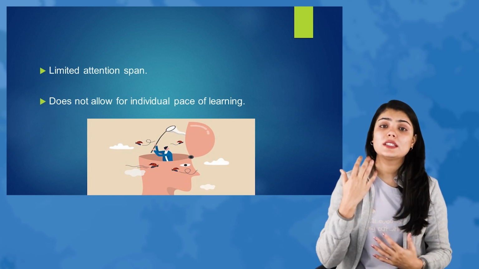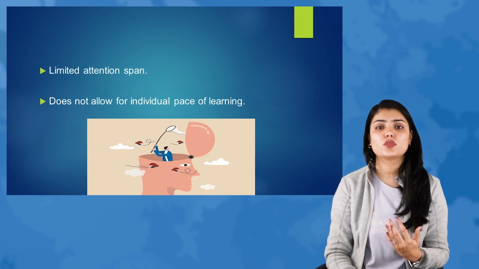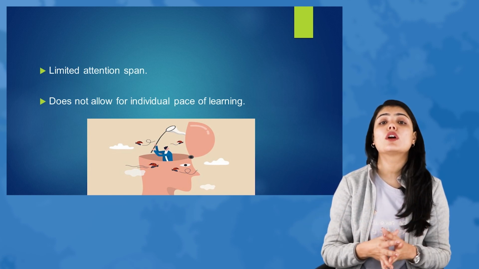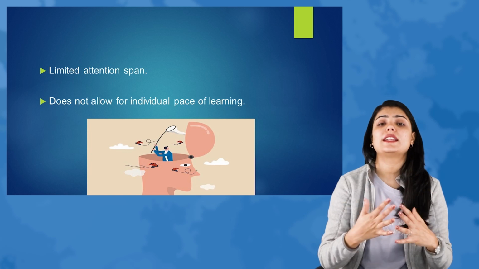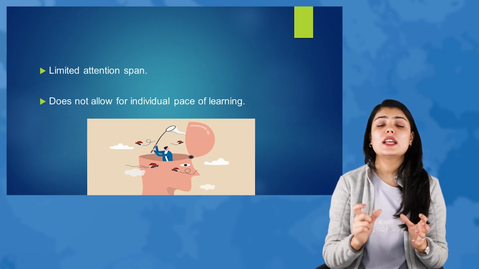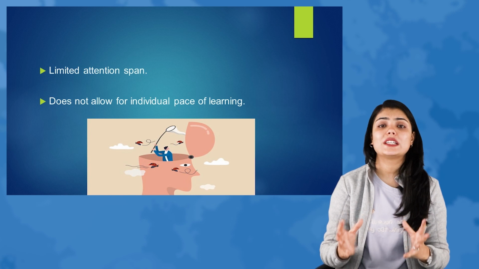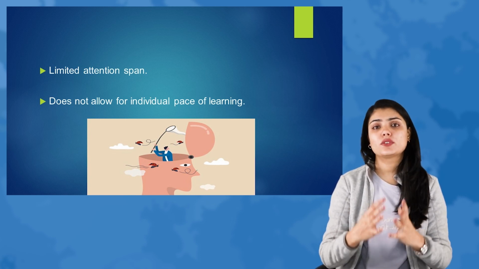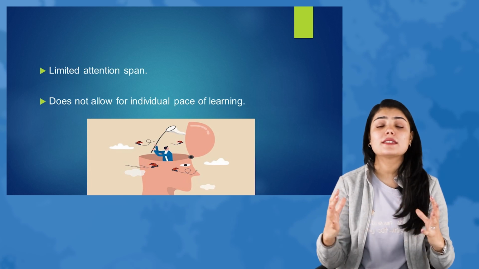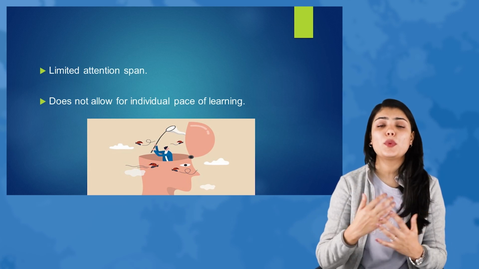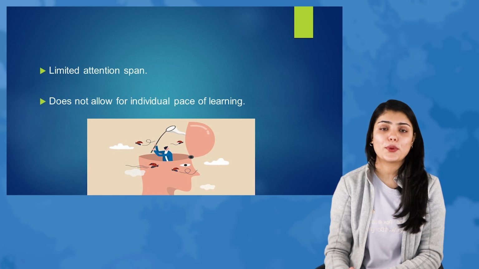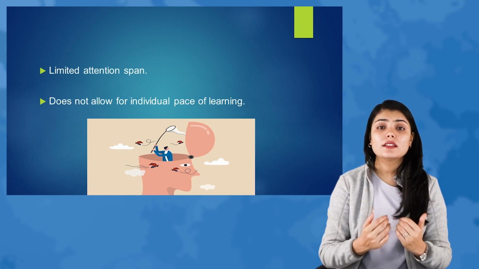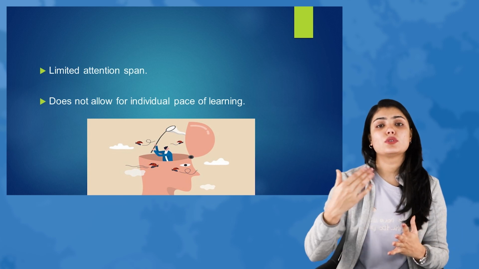The teacher teaches the topic continuously, and the students may not be able to pay attention for a longer period of time while the teacher is delivering the lecture, right? So less attention span is also one of the disadvantages of the lecture method, because students are just listening. They are passive listeners. The teacher is continuously speaking for a given period of time, right? So the students' attention span can be shorter than the time that is taken by the teacher to deliver the lecture.